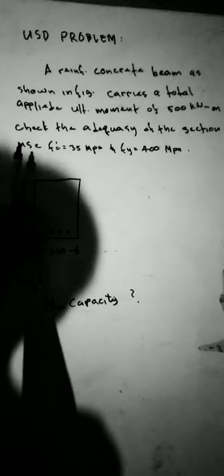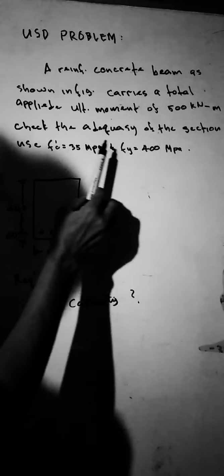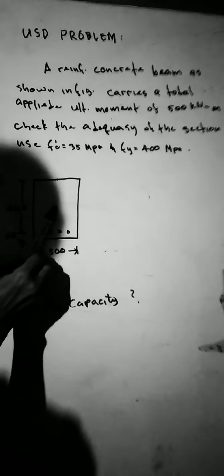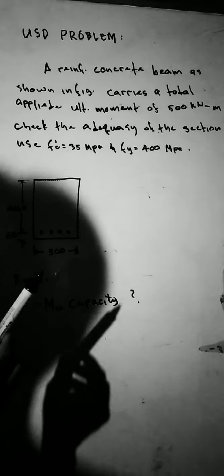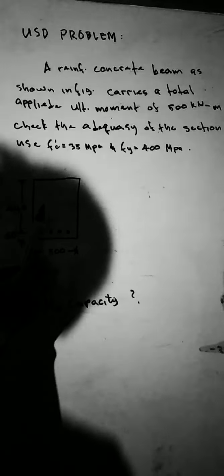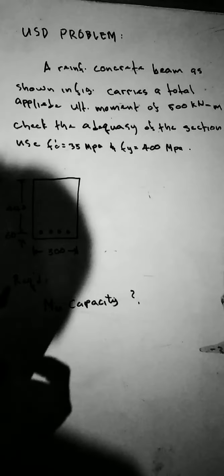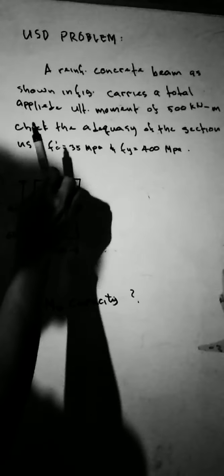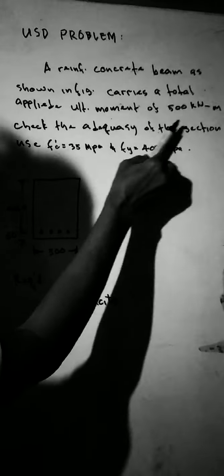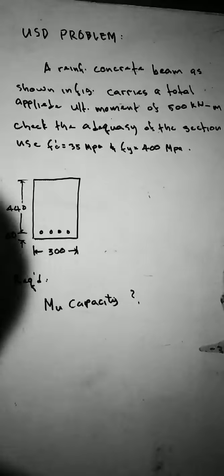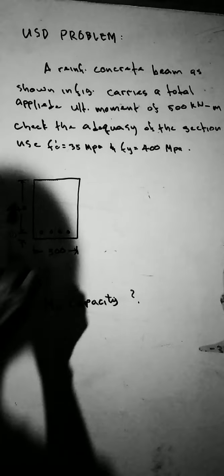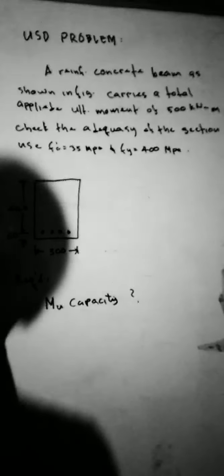The requirement is to check the adequacy of the section, meaning the capacity, or meaning if it is safe to carry the applied ultimate moment of 500 kilonewton meter. So that is what we are going to find out. Check the adequacy of the section.